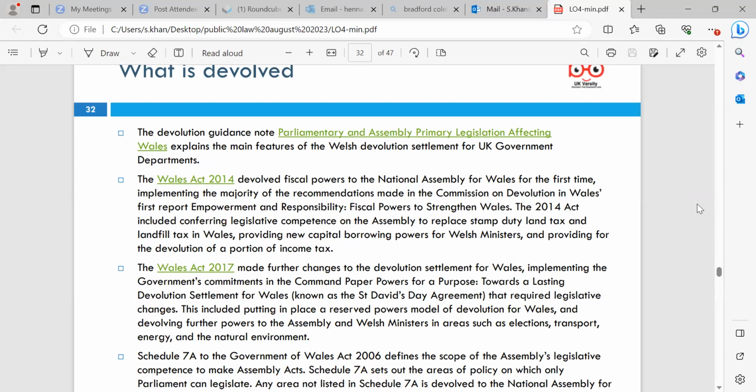The Wales Act devolved fiscal powers to the National Assembly for Wales for the first time, implementing the majority of the recommendations made by the Commission on Devolution in Wales. The first report, Empowerment and Responsibility, looked at fiscal powers to strengthen Wales. As we mentioned, the 2014 Act included conferring legislative competence on the Assembly to replace stamp duty, land tax and landfill in Wales.